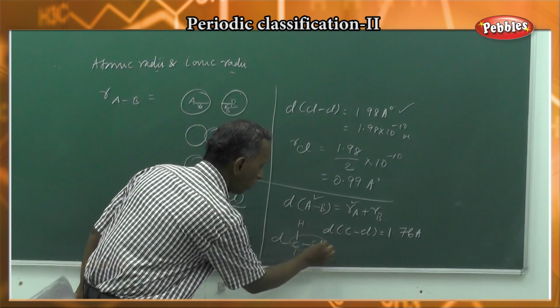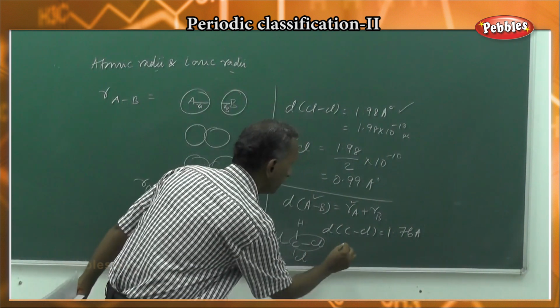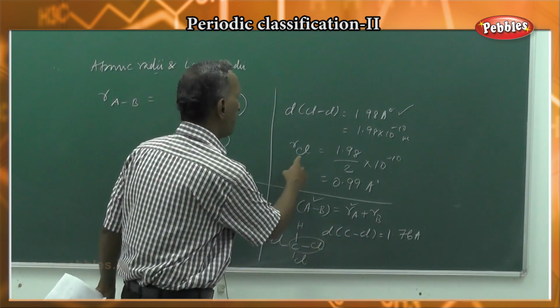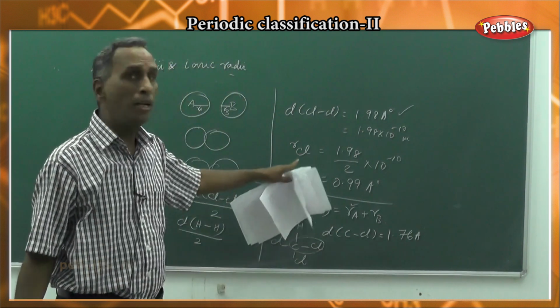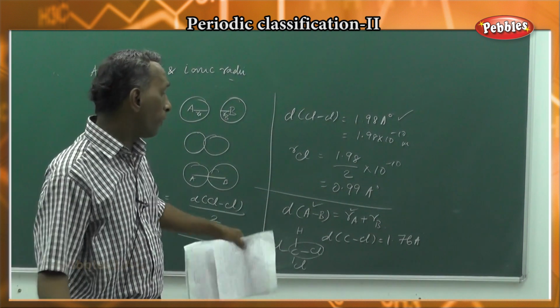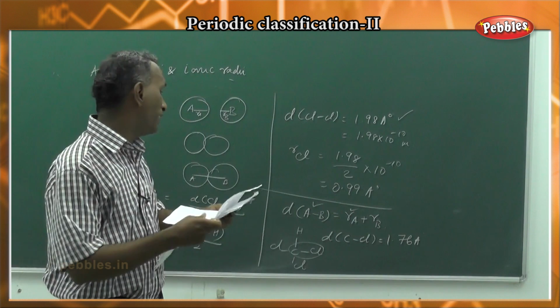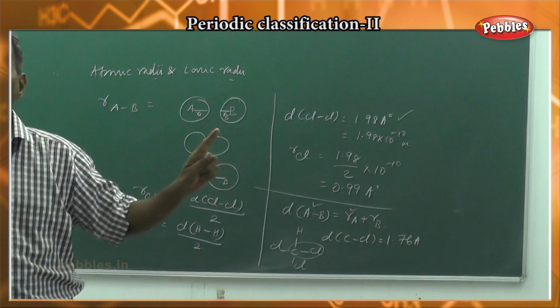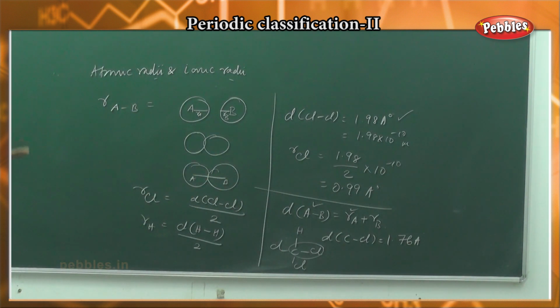Chloroform contains a carbon chlorine linkage, this distance is given, and we have already found out the radius of the chlorine atom. So from this you can calculate. Generally, the distance between two atoms equals the sum of the radii of the individual atoms, and if two parameters are given, the third parameter can be calculated. This is the principle of determination of atomic radii for heteronuclear molecules. For homonuclear molecules, it is half of the distance between the two atoms, that is to be noted.